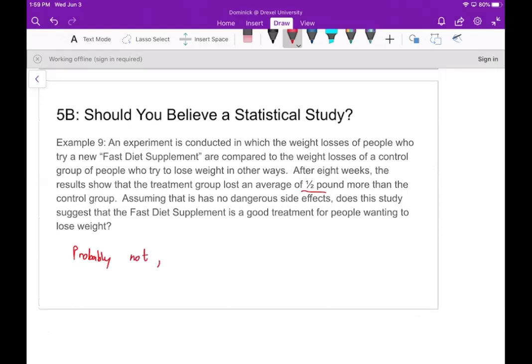and the reason is 1/2 pound. How many weeks was this given? After 8 weeks, 1/2 pound in 8 weeks, is that a significant difference? Probably not. 1/2 pound in 8 weeks is not a huge difference.